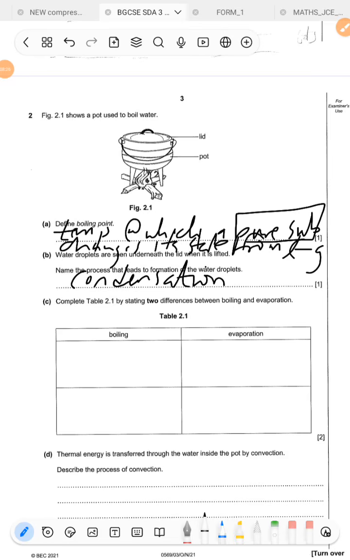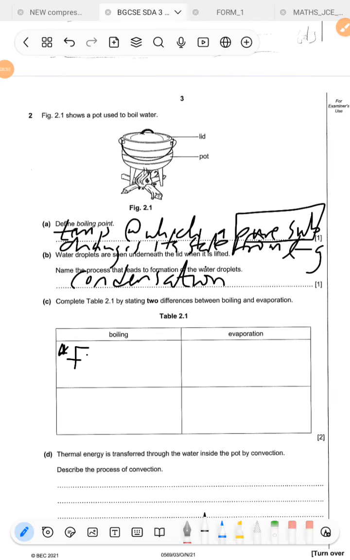C says, complete table 2.1 by stating two differences between boiling and evaporation. What is the difference between boiling and evaporation? Now we have to look at the temperature at which these different processes occur. So boiling happens at a fixed temperature.